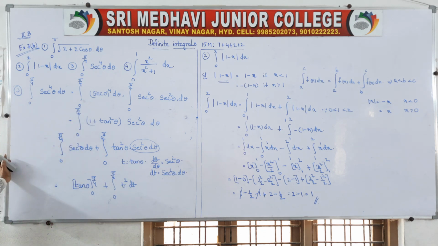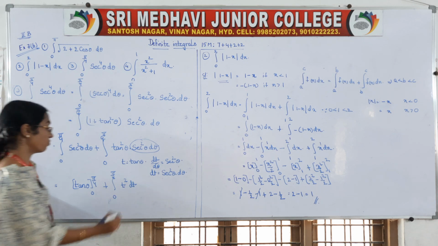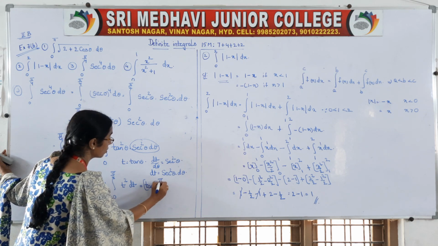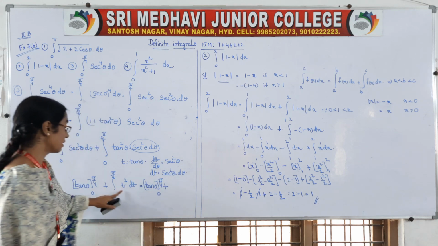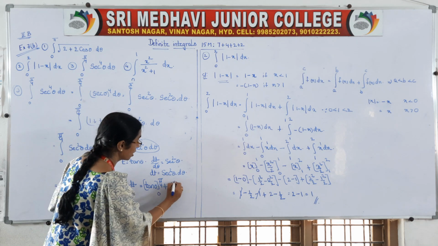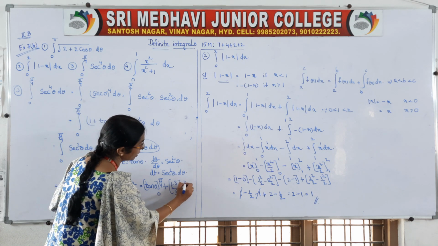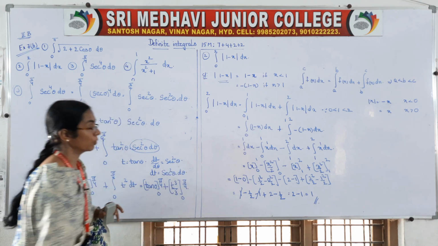So x to the power of n form, x to the power of n plus 1 by n plus 1 form. How can we write it? So tan theta from 0 to pi by 4 plus t cube by 3 from 0 to pi by 4.